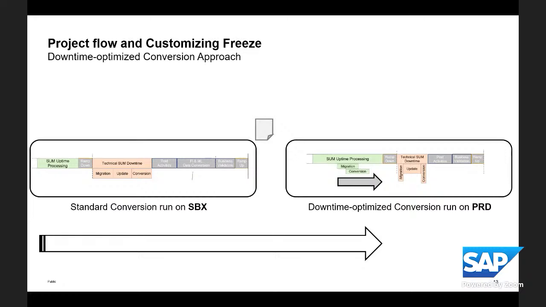So then the next question is: does downtime-optimized conversion require an additional license or fees? Good question. There are no additional fees. There is no specific license required, but it can only be executed by an educated expert.